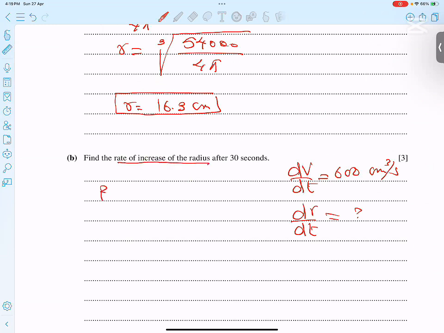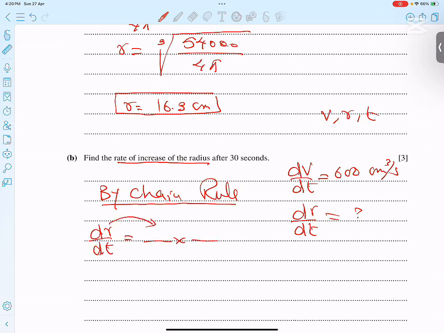So by chain rule, whenever more than two variables are involved in the question, we use the chain rule. Like in this question, volume, radius and time are involved. And what is my task? dr over dt is my task. I write two fractions. This comes in the first numerator, and this goes in the second denominator. So dr here and dt here. Naturally, what is left?